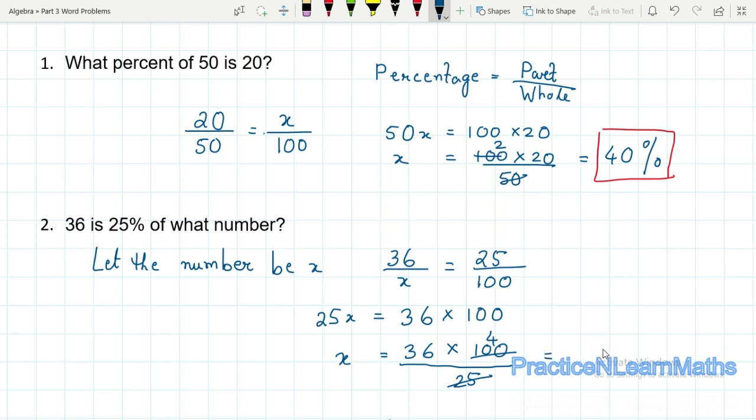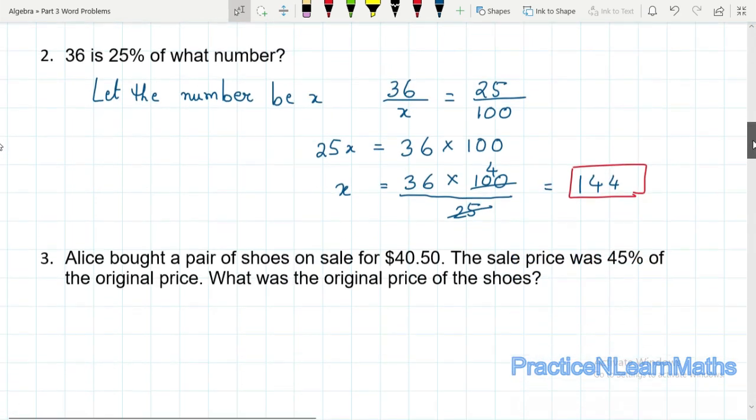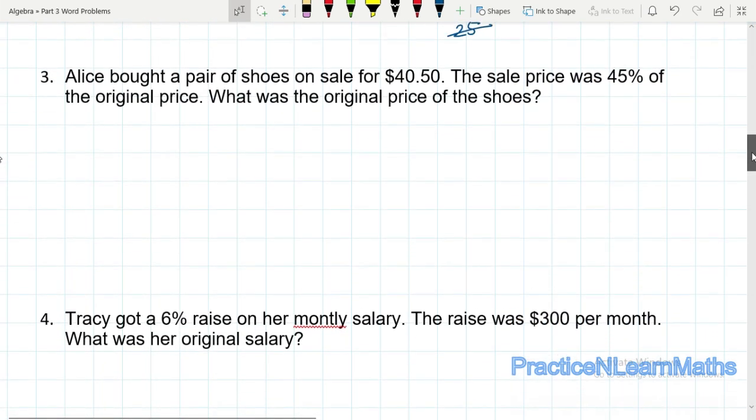So 4 6s are 24, 2 3s are 12. The number is 144. So 36 is 25% of 144. We move on to the next question.